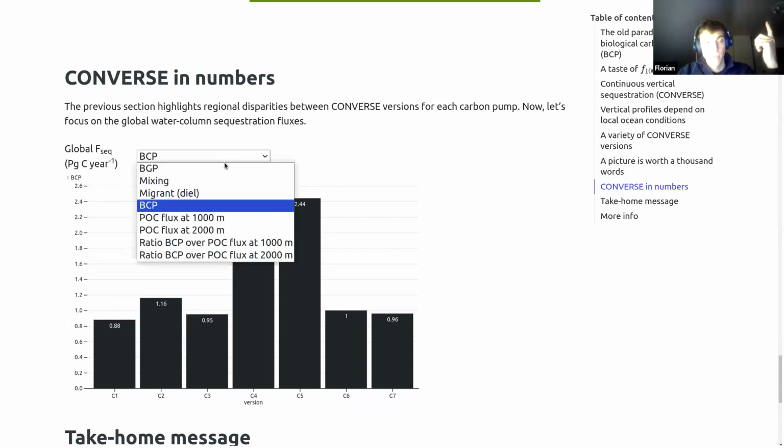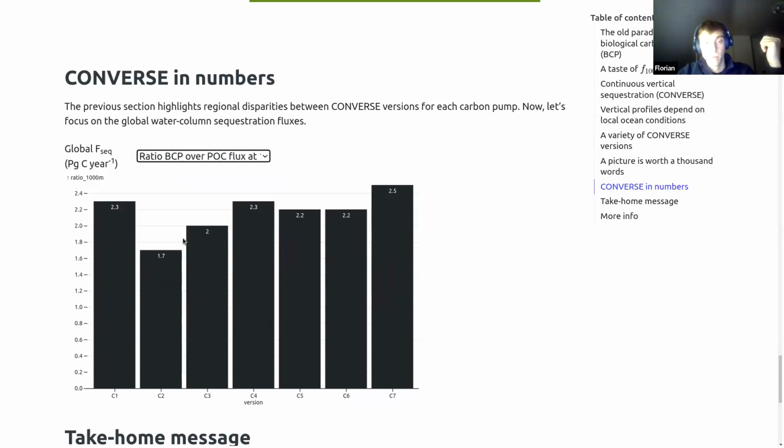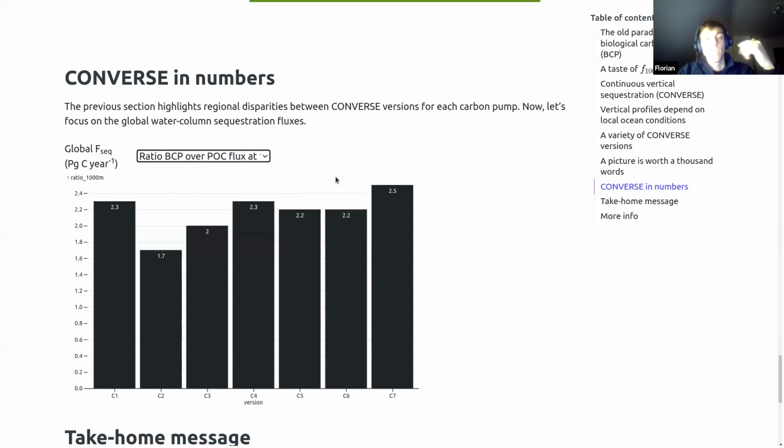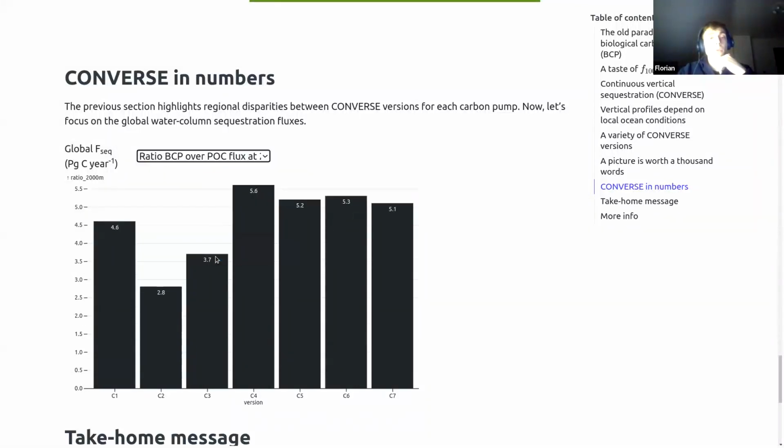And the funny thing is that if you compare with the ratio of the BCP over the POC flux at 1,000 meters, we have estimated that the sequestration flux should be between 2 and 3 times higher than what you would get at the fixed reference depth of 1,000 meters. And if you compare at 2,000 meters, we are between 3 and 6 for the C4 version.